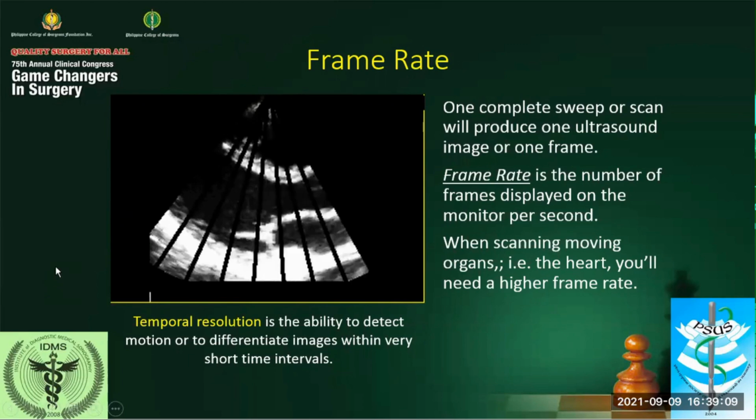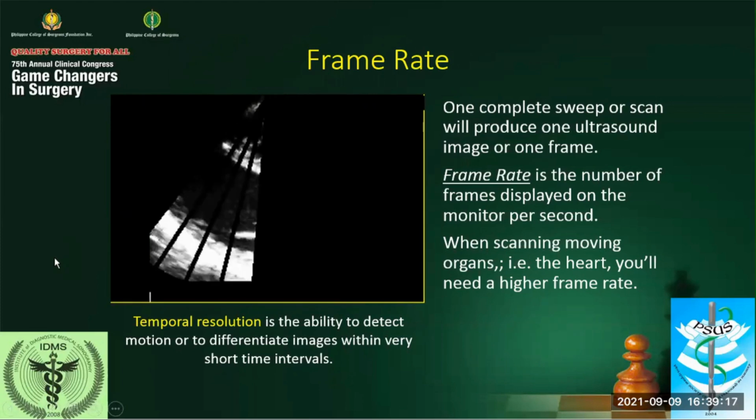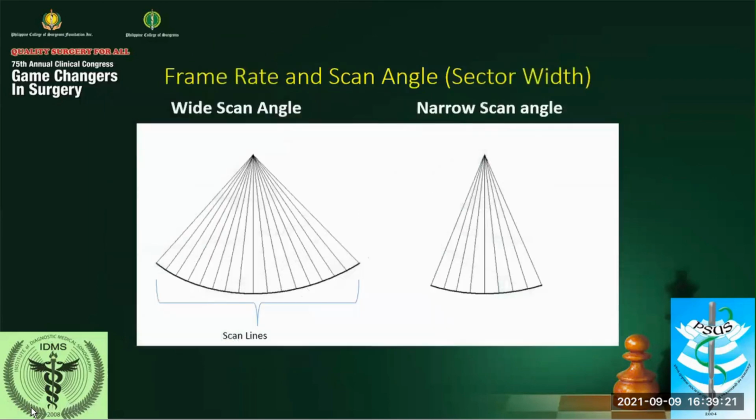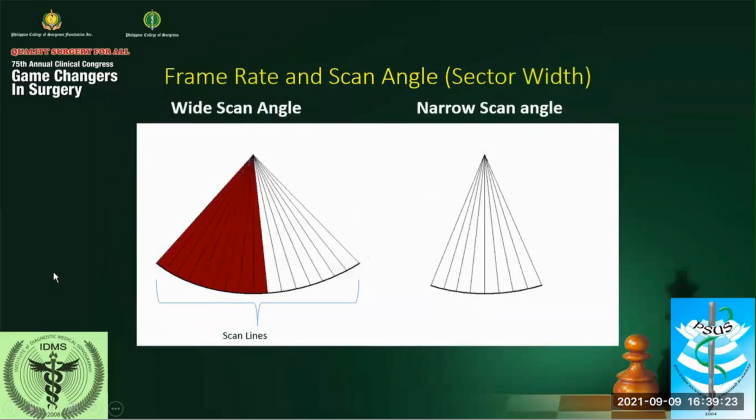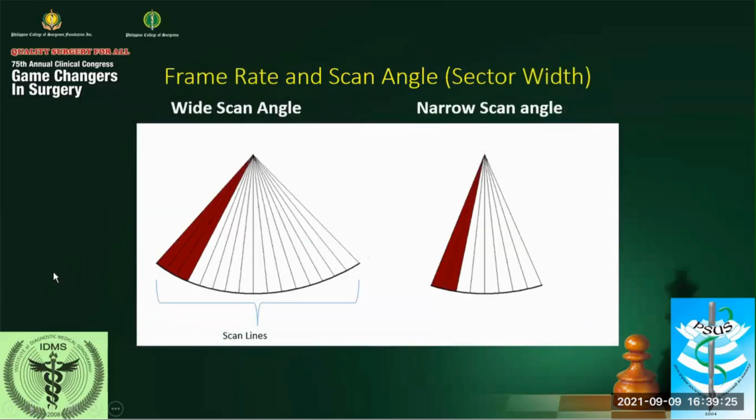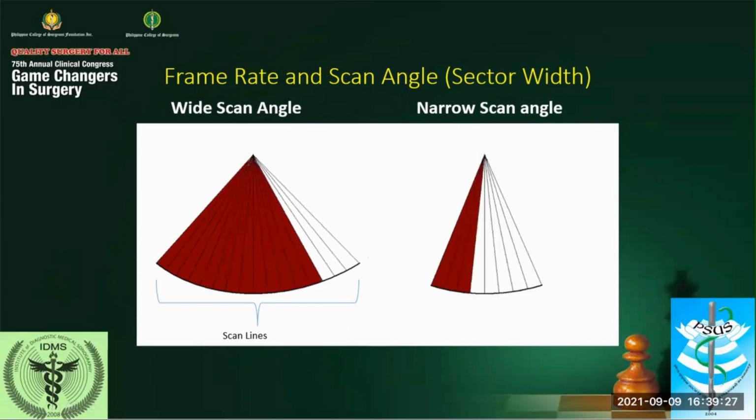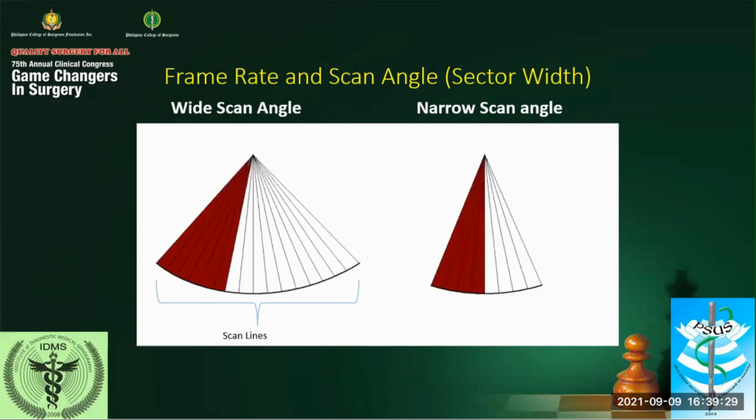So usually for moving structures, well, there is only the heart, you will need a high frame rate. Now most machines now have an automatic frame rate adjustment. So this is optimized already by the system.